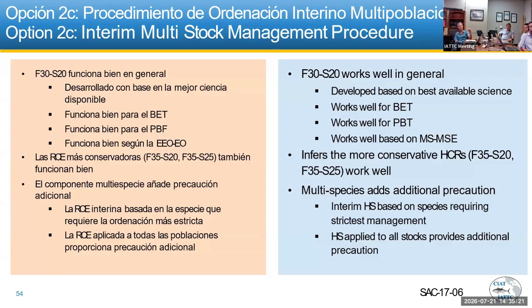It's also very similar, if not the same, as harvest control rules that have been used in the MSE for Pacific bluefin tuna, so it works well for them. And the interim multi-species MSE showed it worked well as well. So in general, this is a very well-performing harvest control rule.